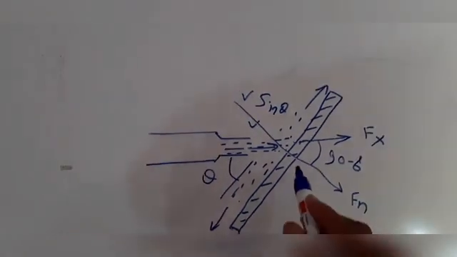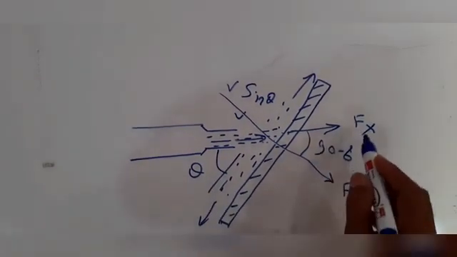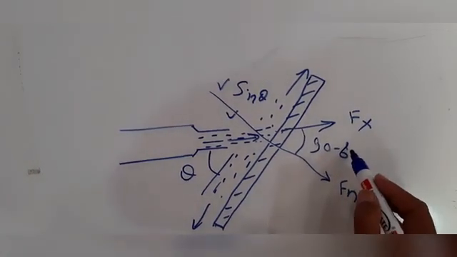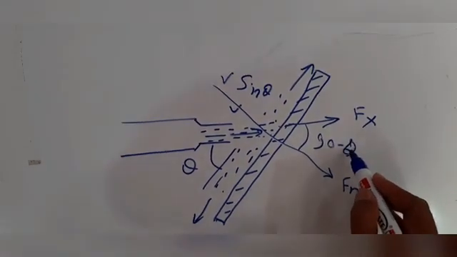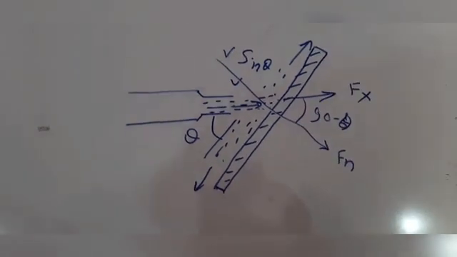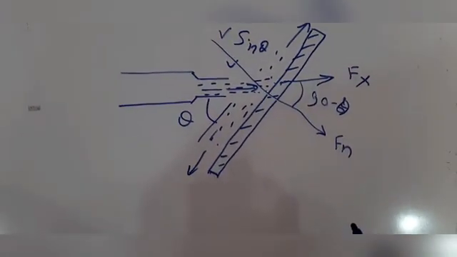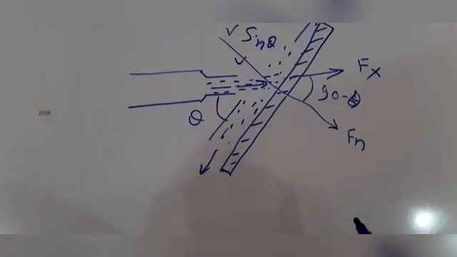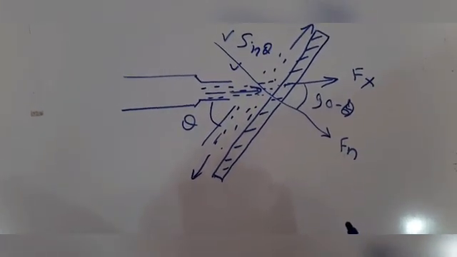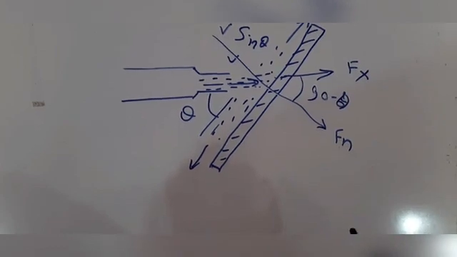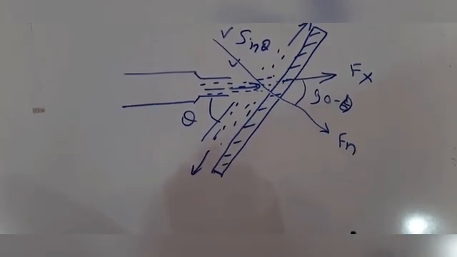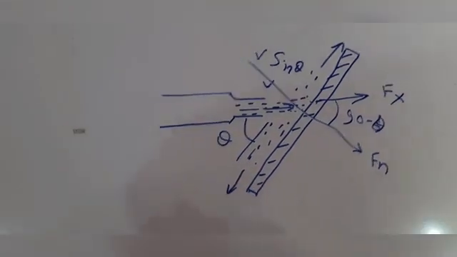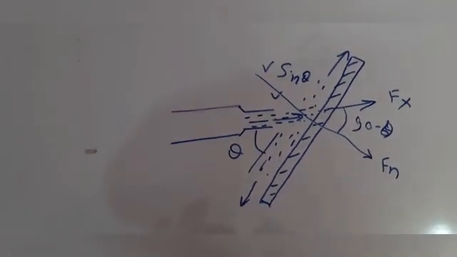This is V sine theta. This is Fx, and this is 90 minus theta. Now, V is the velocity of jet in the direction of x, theta is the angle between the jet and the plate, and A is the area of cross section of the jet.